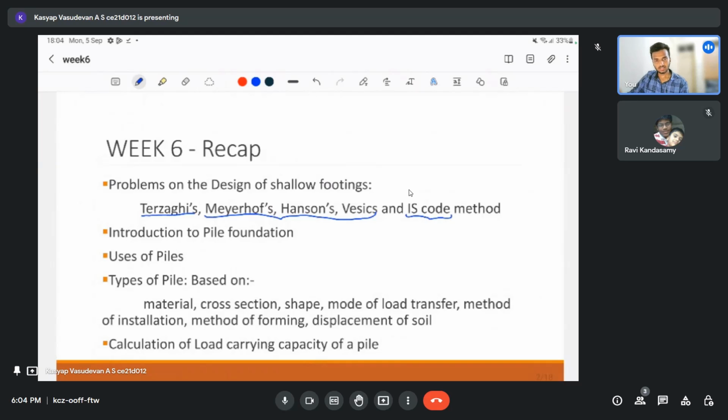In such cases, rather than shallow foundation, we'll have to go for deep foundation. The most popular deep foundation that we adopt nowadays is pile foundation.